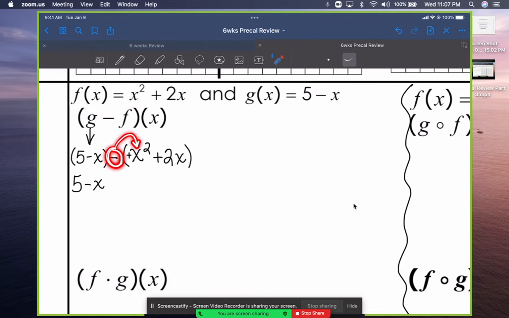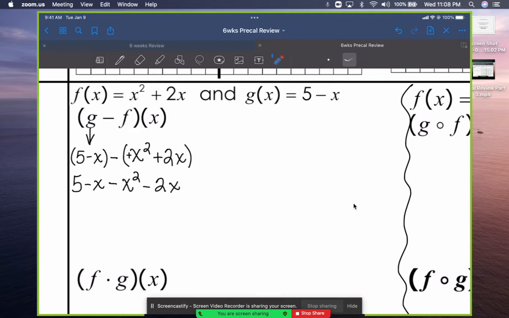So I'm going to start with the first one. I have a negative times a positive. A negative times a positive will give me a negative x squared. And a negative times a positive again will give me a negative 2x. Okay, so I went ahead and just distributed the negative to each of the terms inside the parentheses.